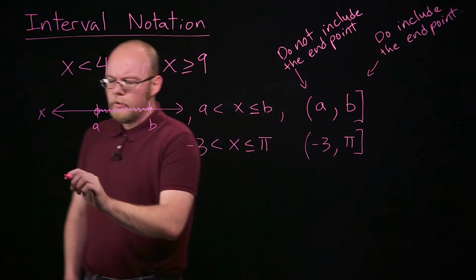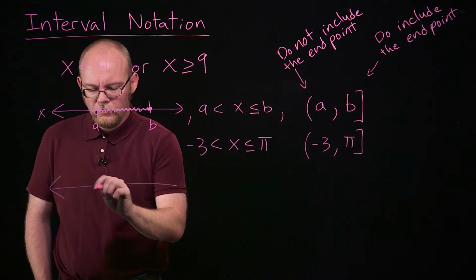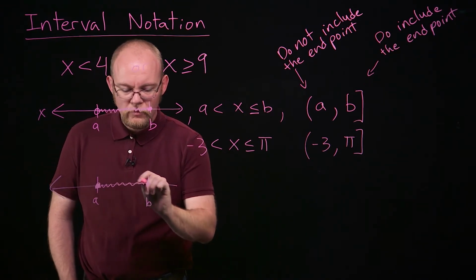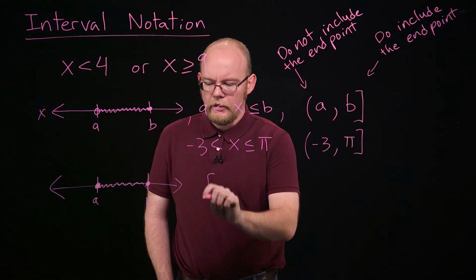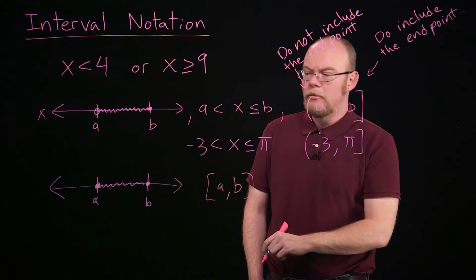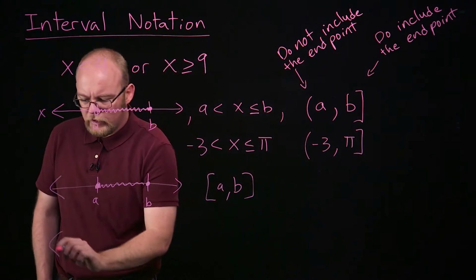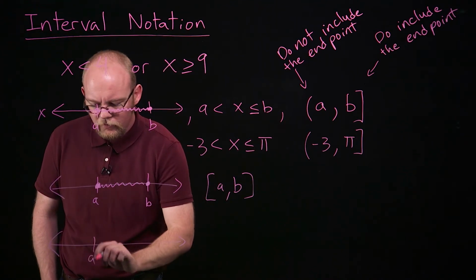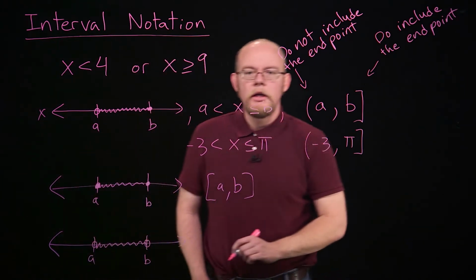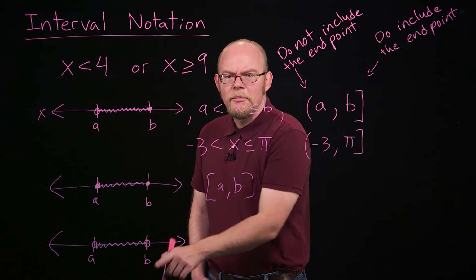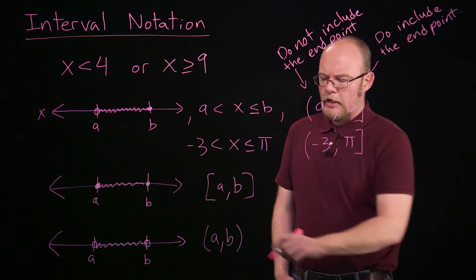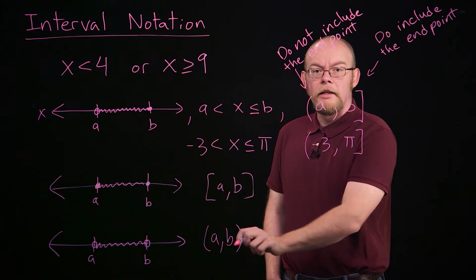If we included both the endpoints, for example, then we would just simply write that down as A, comma, B, where we have square brackets because we include both the A and B. And we could also write this down maybe possibly with both open. And this would be all the numbers between A and B, but not including A and B. And we'd write that down as (A, B). All right, it's all the values between A and B, not including A and not including B.